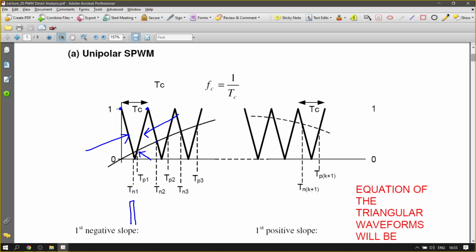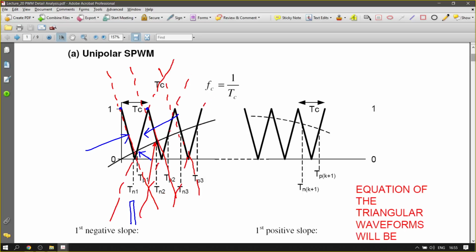Then now this becomes Tn2, the second negative slope line. Okay. Remember, this is always a straight line, isn't it? This is a straight line there. This is a straight line there. All of these are a straight line. You can think of the triangular carrier signals here. It is always a straight line there, isn't it? It's always a straight line.